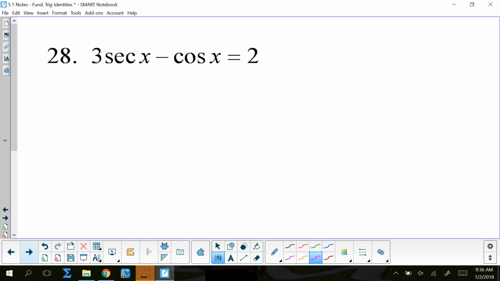Okay, so secant is what? Secant is 1 over cosine. So this first one is really 3 over cosine.